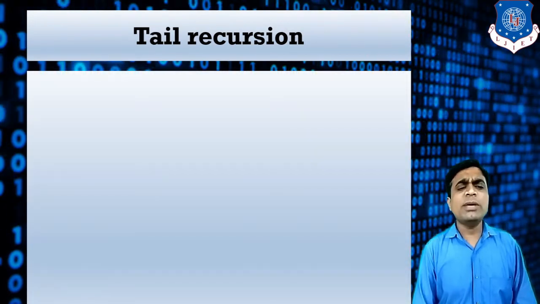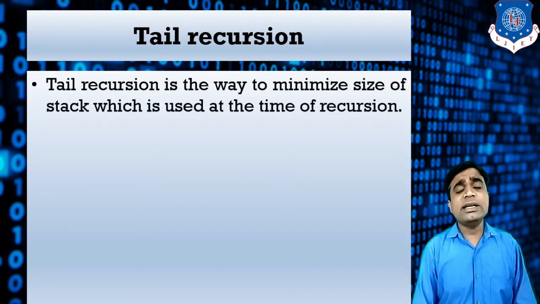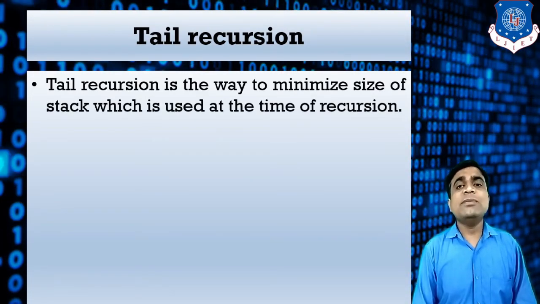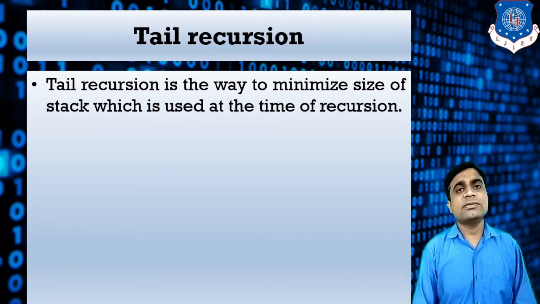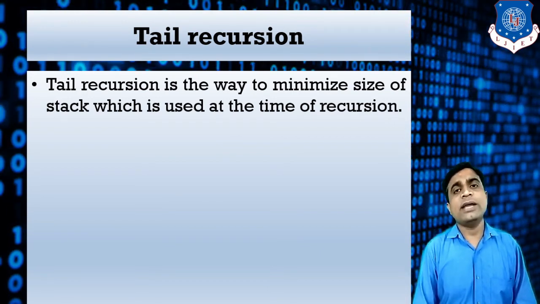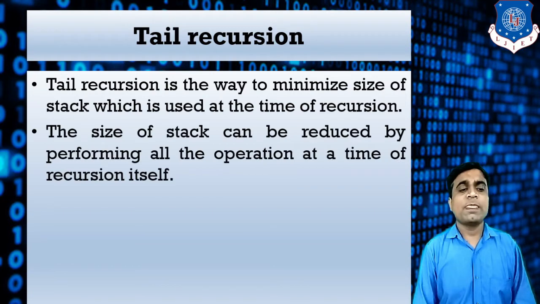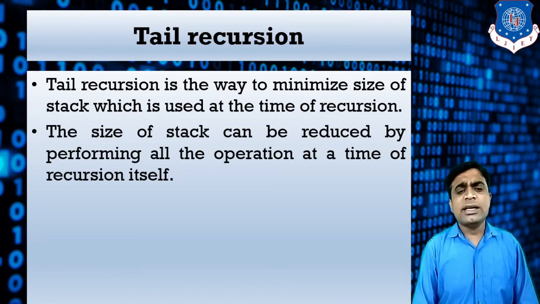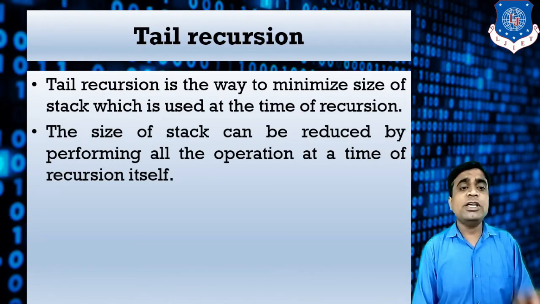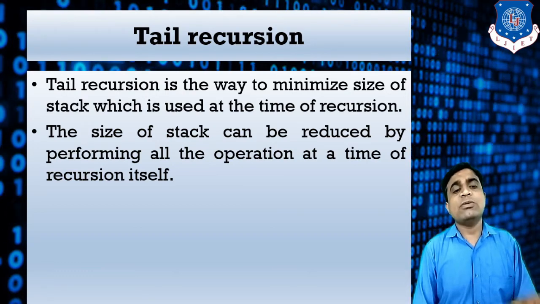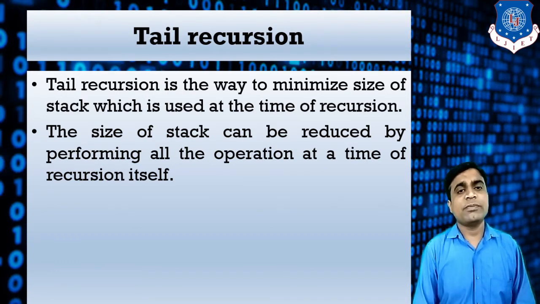Now what do you mean by tail recursion? Tail recursion is a way to minimize the size of the stack which is used at the time of recursion. The size of the stack can be reduced by performing all the operations at the time of the recursion itself.